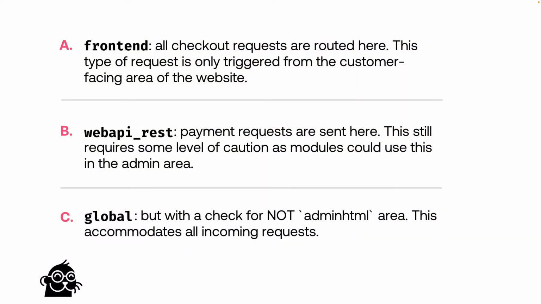All right, so number two, payment requests are sent here. This requires some level of caution, as modules could still use this in the admin area. And this is true. There theoretically could be a third-party module that does use this, for example, point of sale. Point of sale is, I think, a great exception to this rule, and that's where it does justify this level of caution.